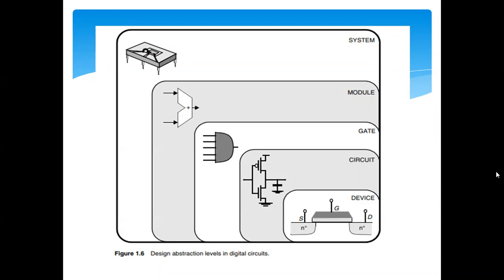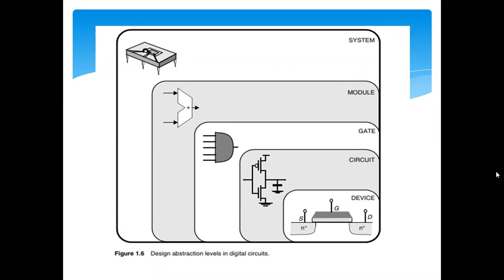First you have a system level, then module level, then gate level, circuit level, and device level. In your last semester DDS subject, whatever VHDL code you write is a three level design. It can go to system, module and some part of RTL.